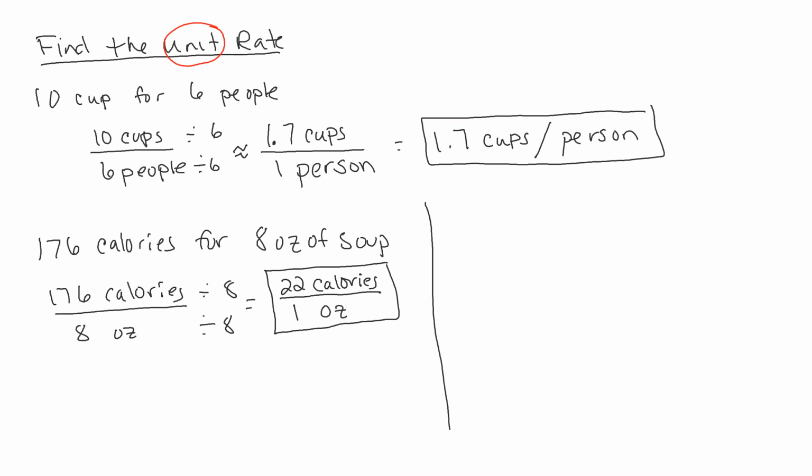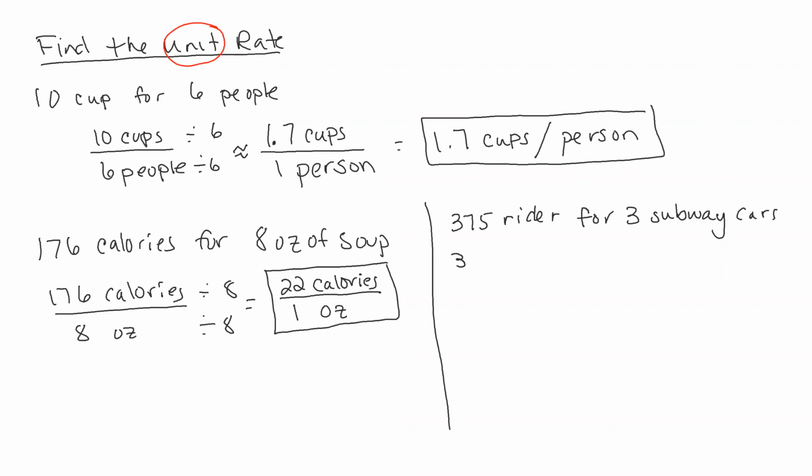Let's look at another example. I'm trying to find a good one. Okay, let's say there are 375 riders for 3 subway cars. So what we want to know is how many people on average are in each individual subway car.